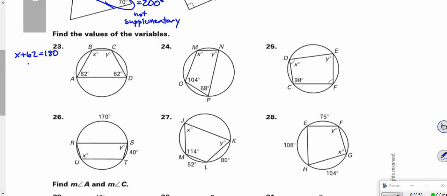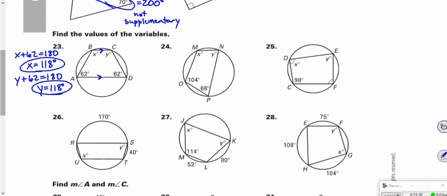So that means x equals 118. Same thing with y. y plus 62 also equals 180, so y is also 118. If I know that, you know what I can also say? I can also say that these are parallel. This is a trapezoid. Base angles are congruent, for what it's worth.